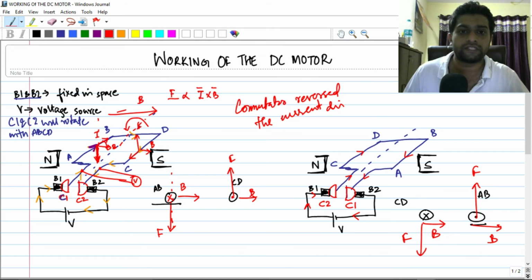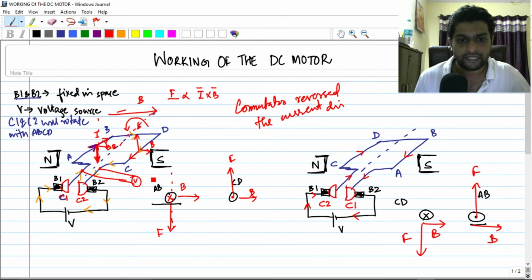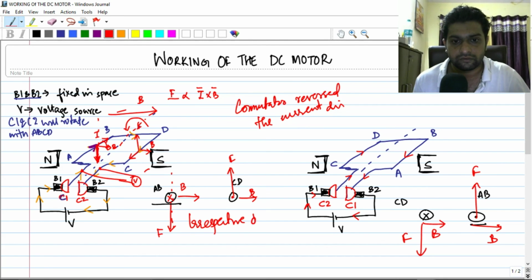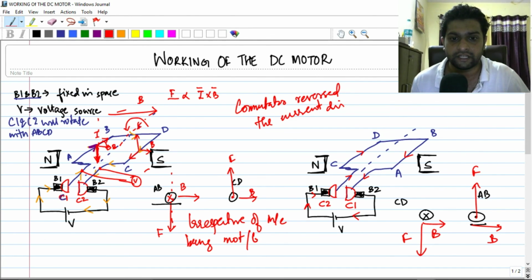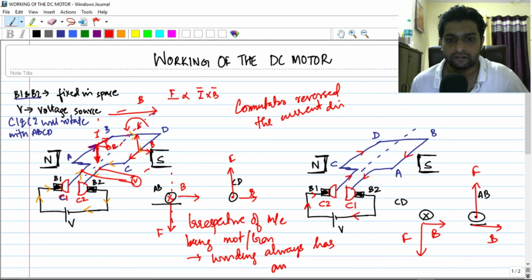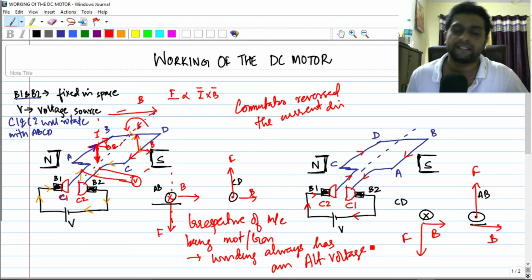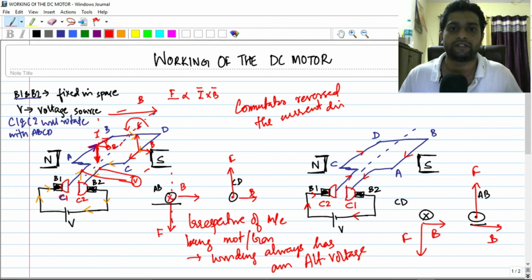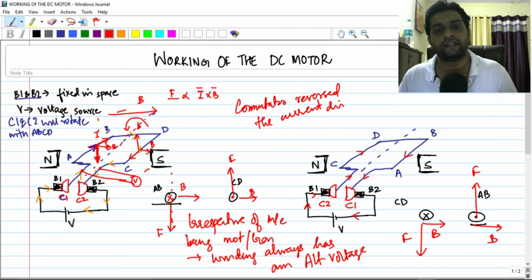An important conclusion here is that irrespective of the machine being a motor or a generator, the winding always has an alternating voltage. Inside the winding, you always have alternating voltage, whether it's a DC generator or a DC motor.